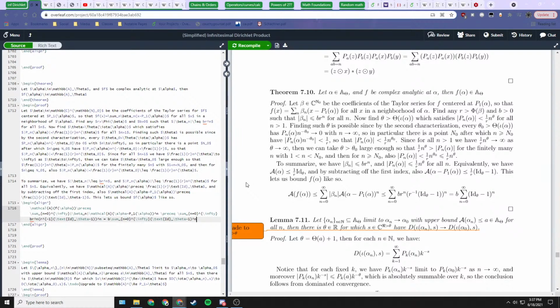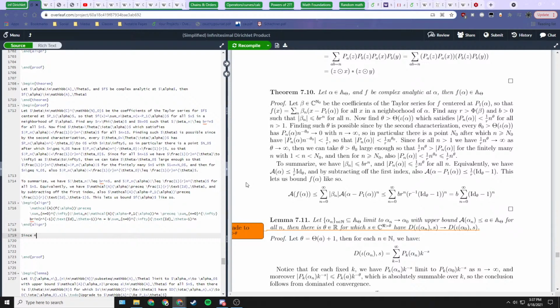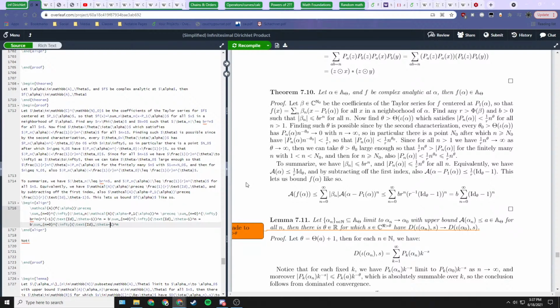Okay, and now here's where the magic happens. Let's do this last piece. Instead of just doing id n power theta, this will be id theta times 1 minus 1 o dot.